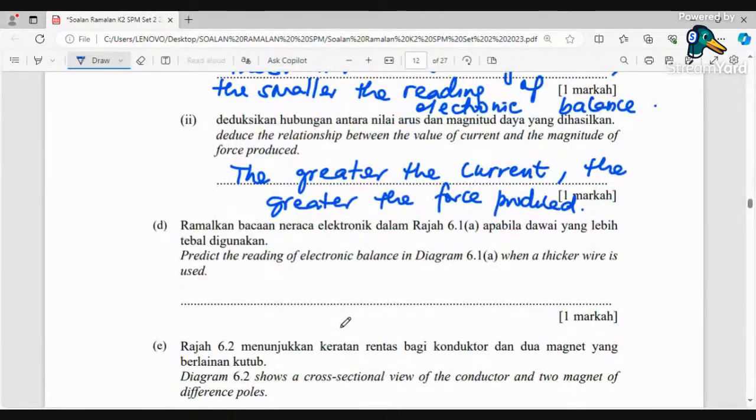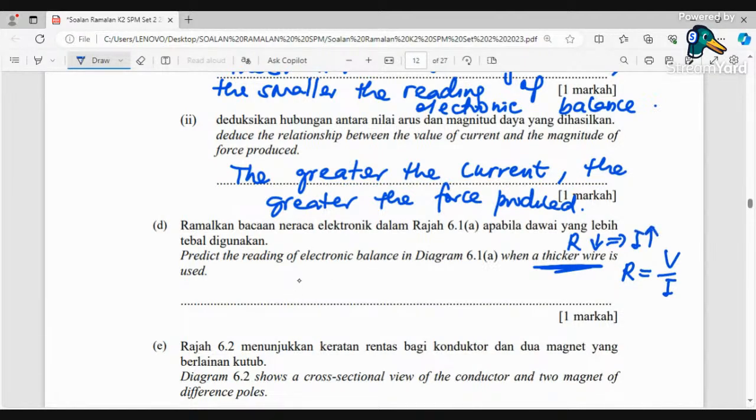D. Predict reading of electronic balance when thicker wire is used. Okay. Kalau thicker wire, resistance is lower. As we know that resistance and current are inversely proportional. So what happens is current increases.